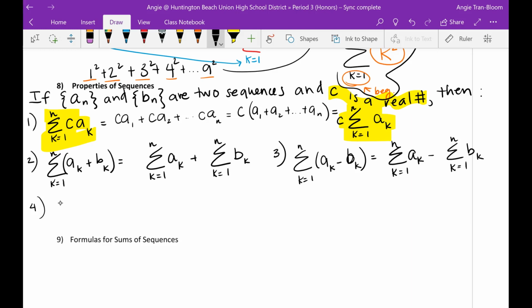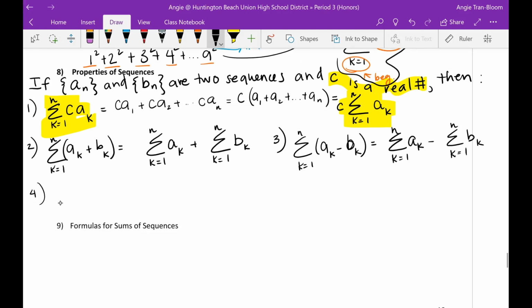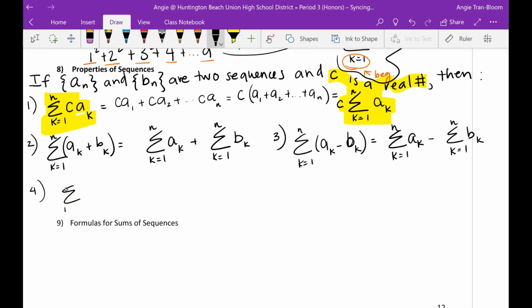And for our last property of the sequences, if I have the summation of K equals 1 to the nth power of A subscript K. Oops, my bad, we don't start at 1 anymore. Of things that don't start at 1, okay, like j plus 1. And j is whatever positive number it wants to be, and we're going to define j in a little bit.